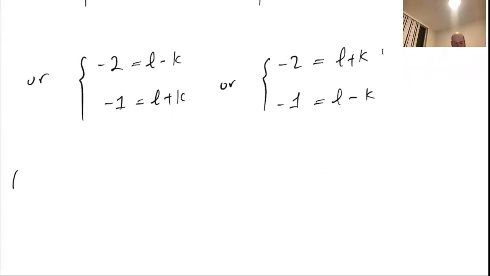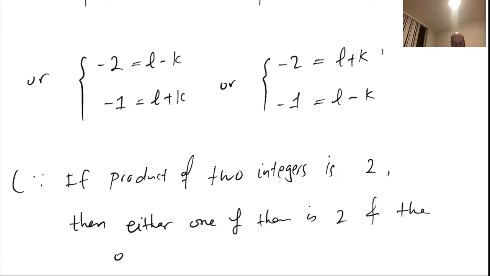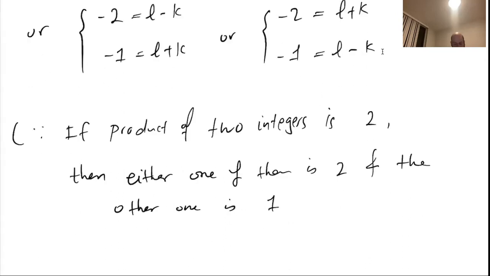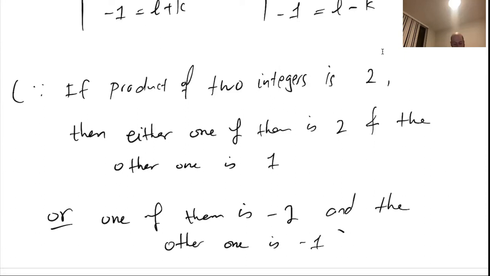So here we use the fact that if the product of two integers is 2, then either one of them is 2 and the other one is 1, or one of them is minus 2 and the other one is minus 1. 2 is a prime number, so it cannot be written as a product of two integers where none of them are 1 or minus 1.